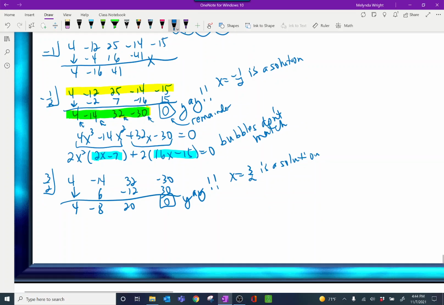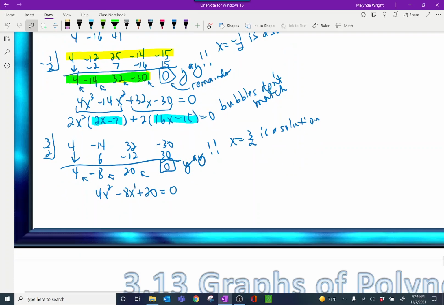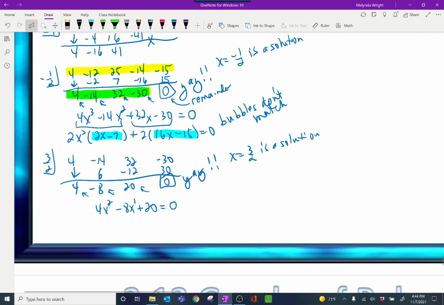So now I for sure can ditch p over q because what I'm down to is a quadratic. This last number is the constant. The number in front is to the first power. The number in front of that is to the second power. And so I'm going to set my quadratic equal to 0, and then I can do quadratic formula or complete the square.